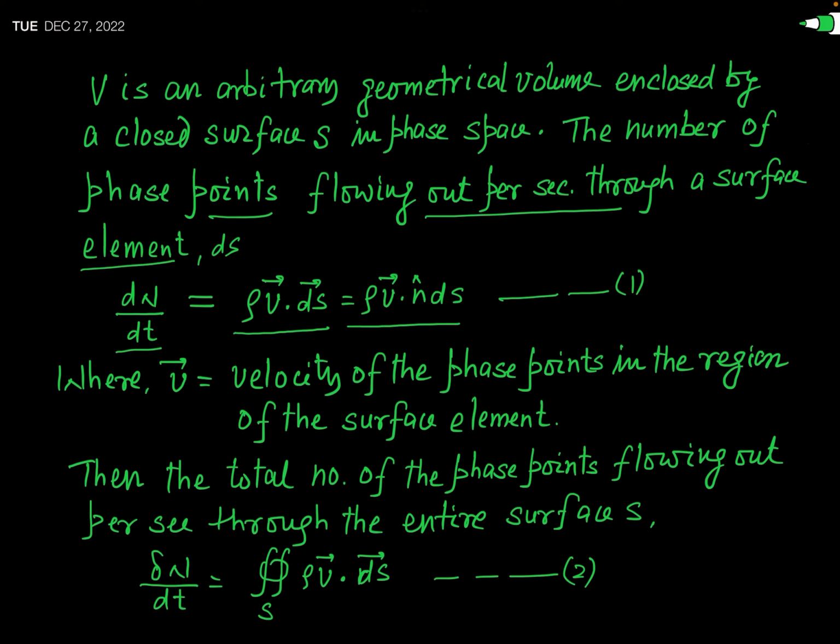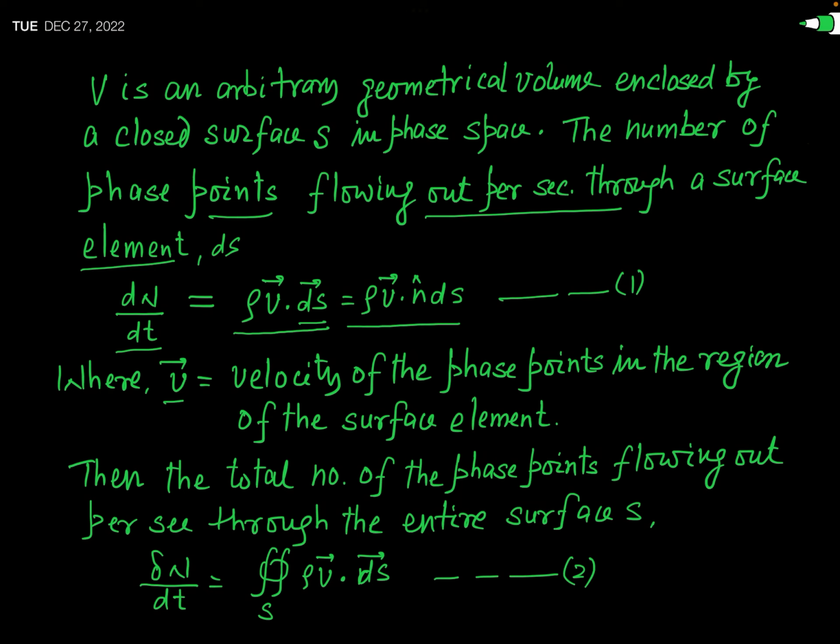Okay, and as I have told you, this v is actually the velocity of phase points in this region of the surface element. So this is the number of phase points passing through this elementary surface ds in 1 second in the outward direction. Now if your aim is to find the total number of phase points moving out through the whole closed surface, how can you find it?